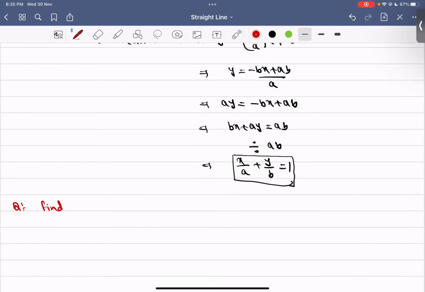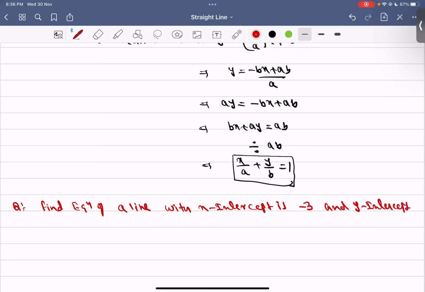Find the equation of the line with x-intercept minus 3 and y-intercept 5.